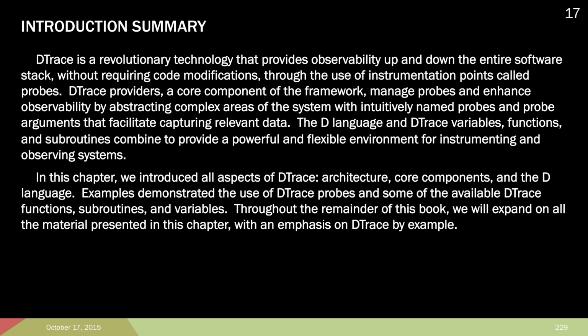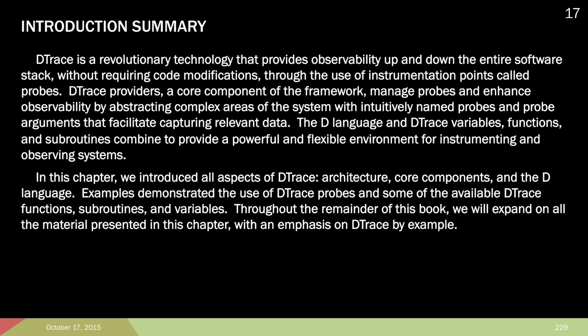So, in the conclusion here for Chapter 1, DTrace is a revolutionary technology that provides observability up and down the entire stack without requiring code modifications through the use of instrumentation points called probes. DTrace providers, a core component of the framework, manage probes and enhance observability by abstracting complex areas of the system with intuitively named probes and probe arguments that facilitate capturing relevant data.